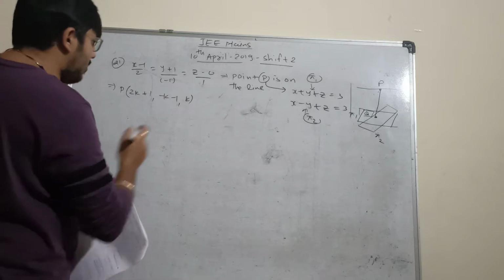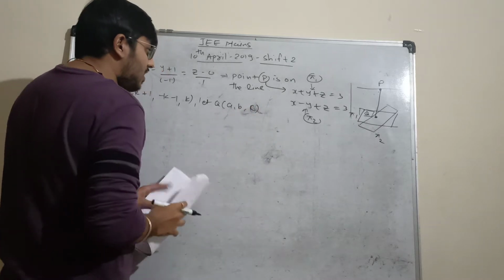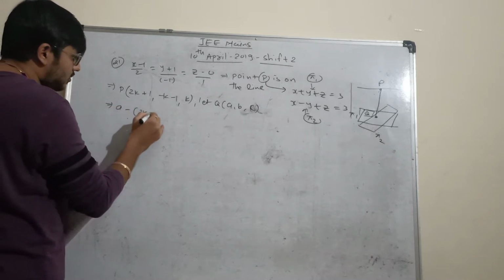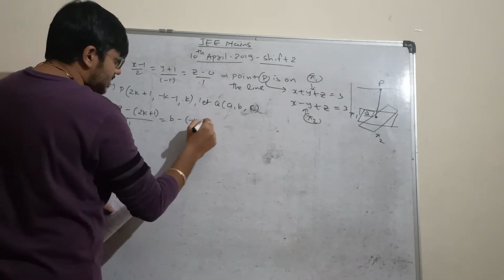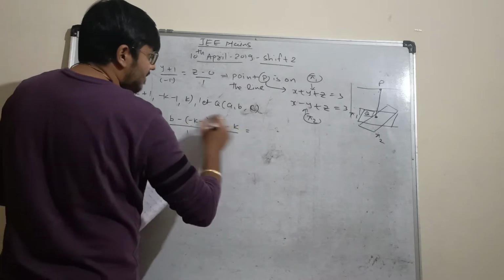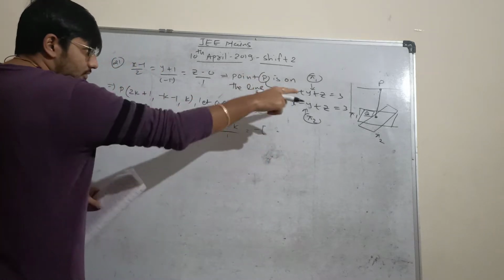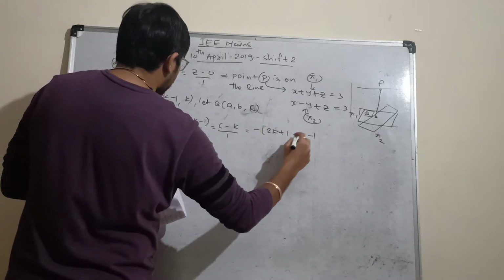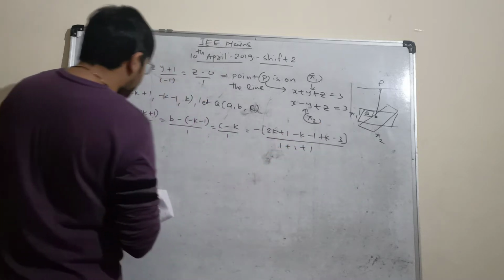Now to find Q, let Q be (a, b, c). The foot of the perpendicular on the plane can be obtained using the equation (a minus (2k plus 1))/1 equals (b minus (minus k minus 1))/1 equals (c minus k)/1 equals minus (2k plus 1 minus k minus 1 plus k minus 3)/(a squared plus b squared plus c squared), since I need to put this point in the plane.